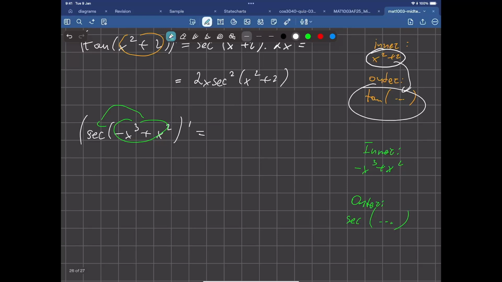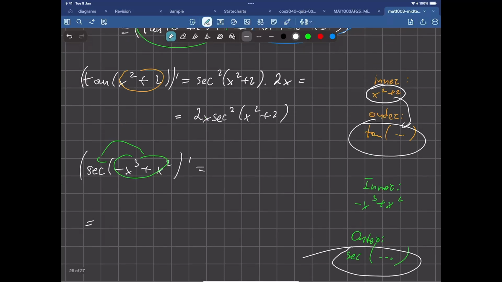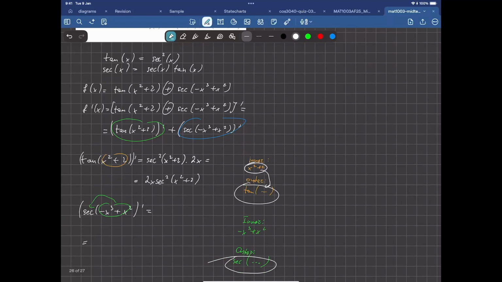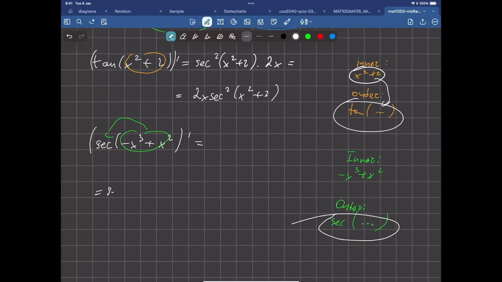So how do we start calculating the derivative? We start by calculating the derivative of the outer function. So the derivative of secant is equal to secant tangent. That's just how the formula goes, right?